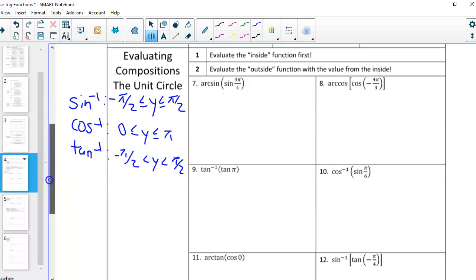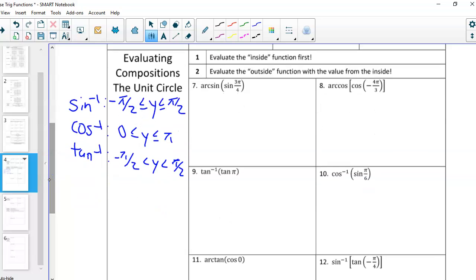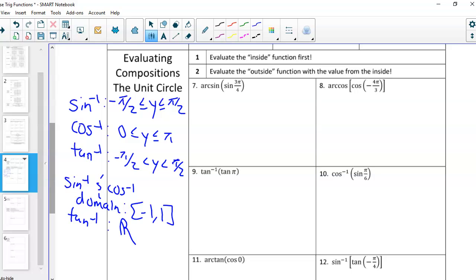And then the domains are negative 1 to 1 for sine and cosine. And then tangent is all real numbers. Just so we recall that information. So the angle given needs to be within this if they're going to cancel, or the exact value needs to be within this if they're going to cancel. If it's not, they won't necessarily cancel, which means we'll actually have to work it out, which is fine.